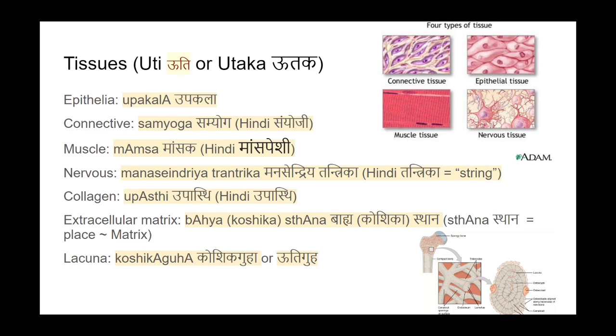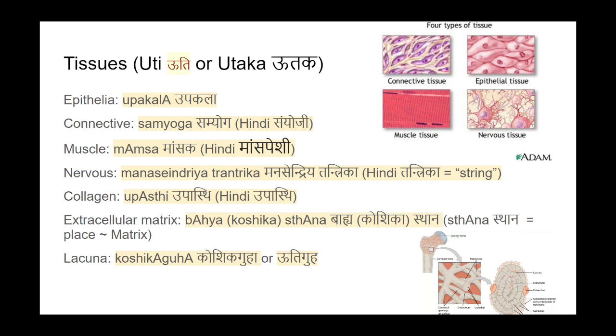Nervous tissue or nerve cells in Hindi is tantrika koshika, meaning stringy cells. But I want to improve upon that. So it's manasendriya tantrika, because your nerves are the ones that send information related to the five senses as well as helping you think. Collagen is upasti, meaning subordinate to the bone, as skeleton has bones and cartilage, and this is already a word in Hindi.